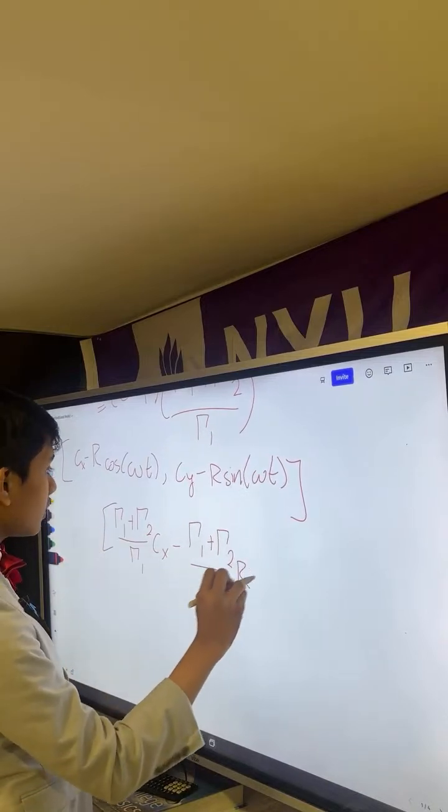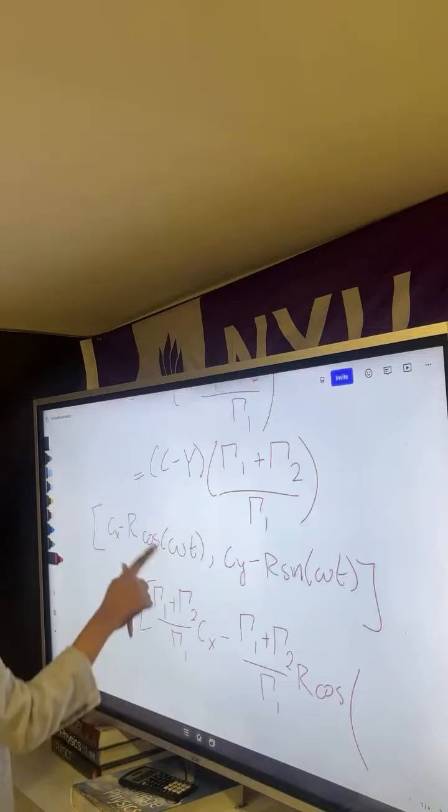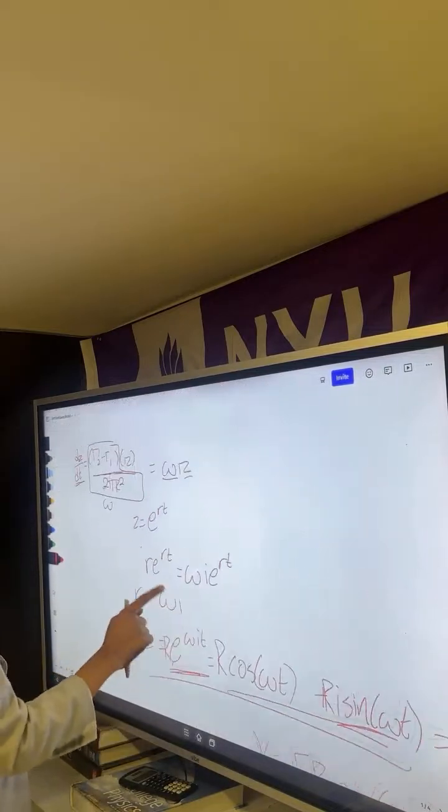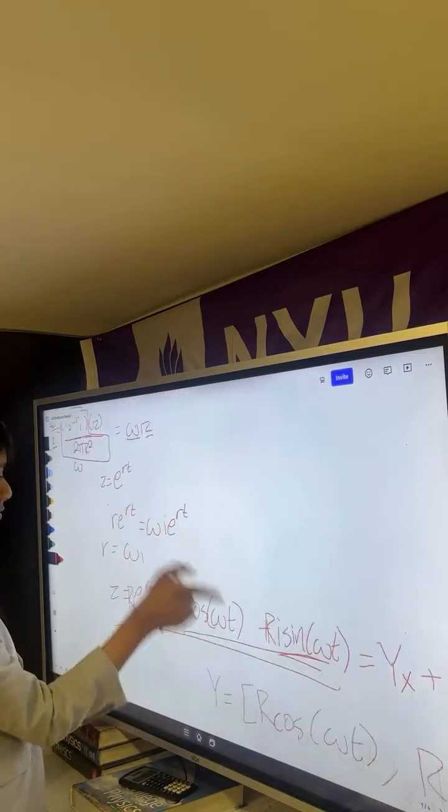Multiplied by r, multiplied by cosine. Recall the value of omega, which is this.